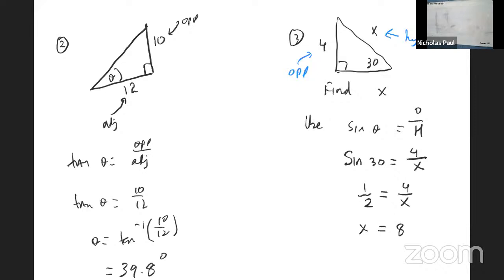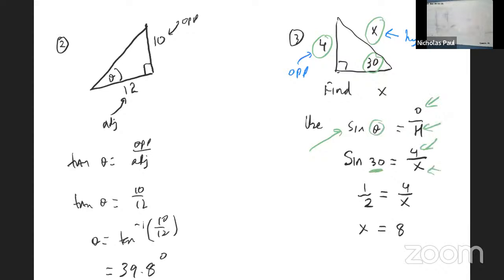Are you okay with that? See what I did there? Let me explain it back here. So watch here. The angle is 30. We know the opposite and we know the hypotenuse, so it appears that we could use sine. I substitute theta as 30, opposite as 4, hypotenuse as x.